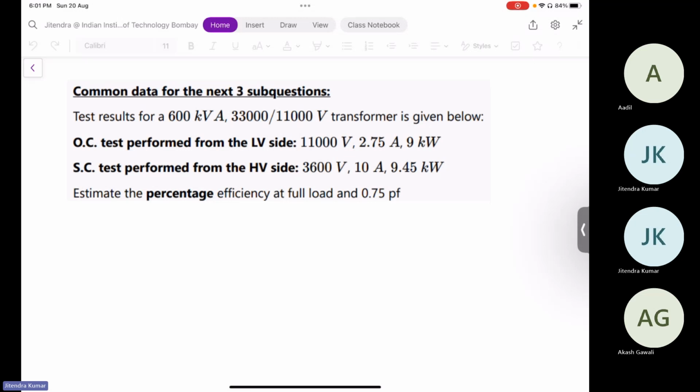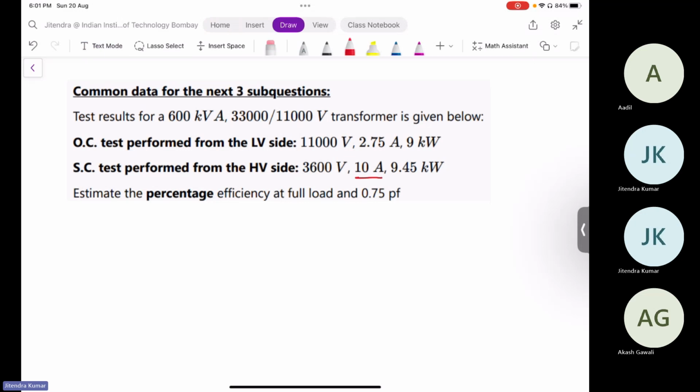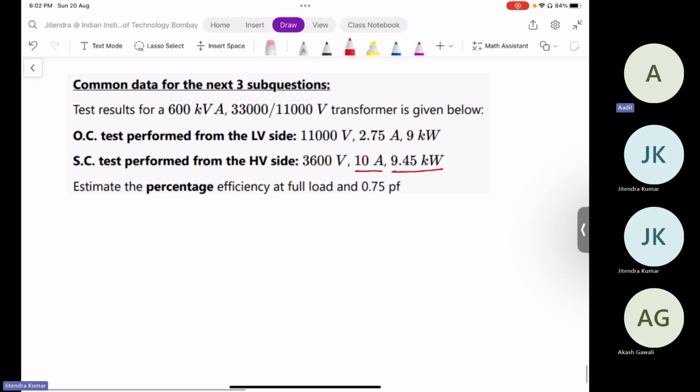Yes, that's the point you had to catch. I made a mistake by taking it as a rated current. And you must have put the rated loss, the full load copper loss, as 9.45 kilowatt. But that's not true. Sir, please explain how to do it. Yeah, so let me explain this problem.